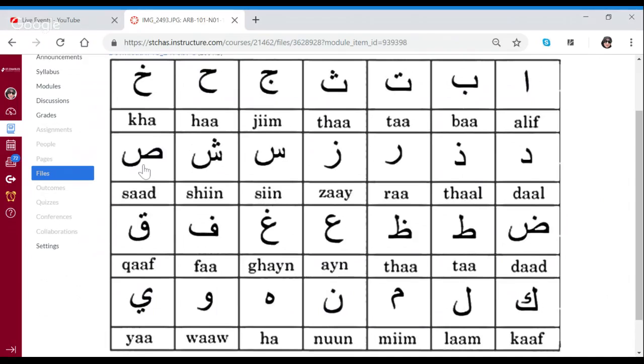Sod, Sod. Dod, Dod. Ta, Ta. Va, Va. Ein, Ein. Rein, Rein. Fa, Fa. Qaf, Qaf. Kaf, Kaf. Lam, Lam. Mim, Mim. Noon, Noon. Ha, Ha. Wow, Wow. Yeah, Yeah. Good. Once more.